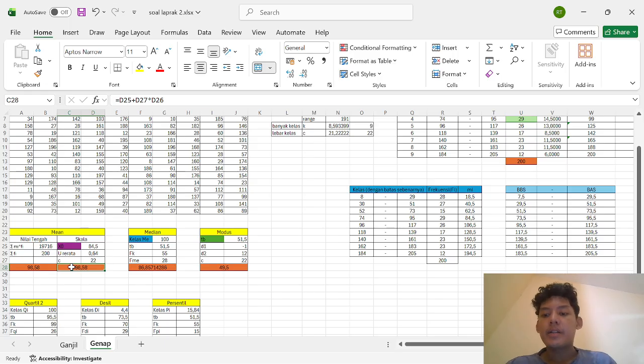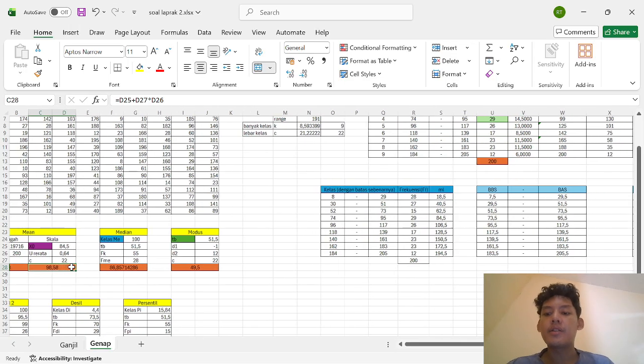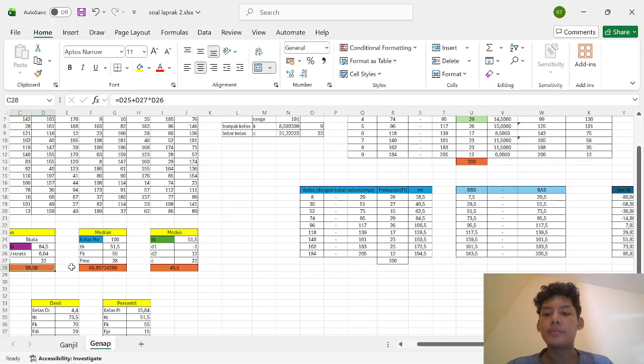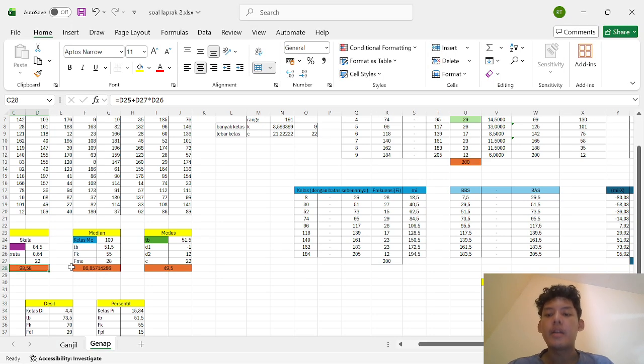The mean of X is the value that was previously calculated. Then the result is divided by the total frequency. The final result presents the average value of the group.